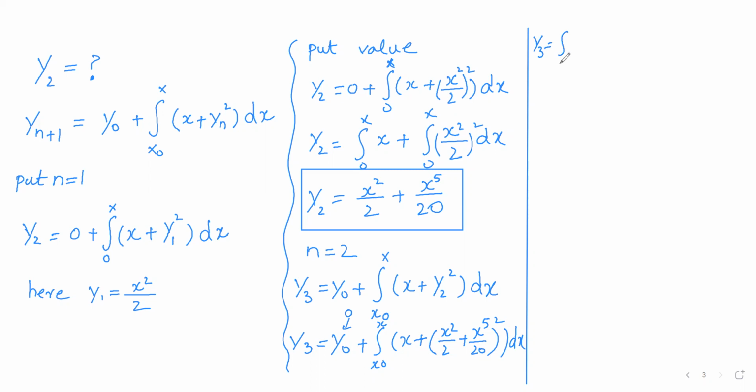So we write x naught equal to 0 to x, and then inside the integral x plus x squared, it is squared, so if we open it, it will be x4 by 4 plus x10 by 20 squared.